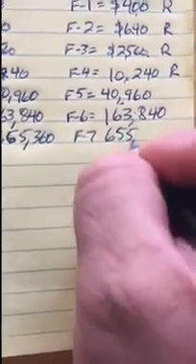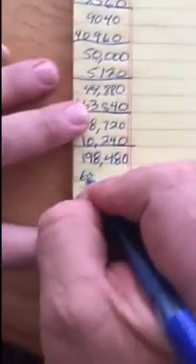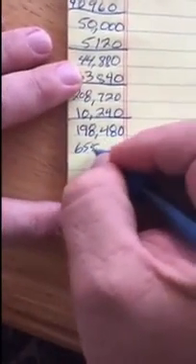So floor 7 is 655,360. You take that, add it to your 198,480, and that leaves you with $853,840. That is what you have received by following this distribution formula.